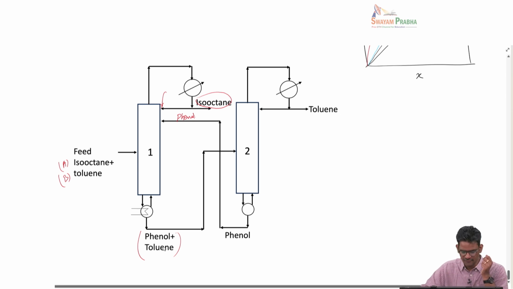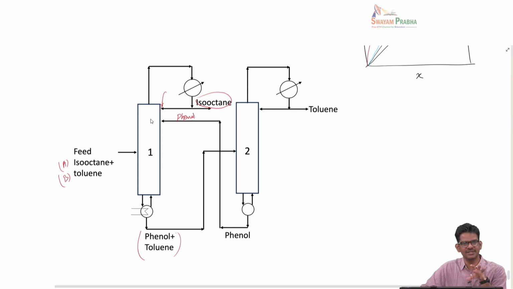Among phenol and toluene, toluene is more volatile and phenol is less volatile. So, toluene is taken out as a distillate product nearly in pure form. It may have little amount of phenol and little amount of isooctane though, whereas the bottom product here will be rich in phenol, and this phenol is what is recycled to the first column as a solvent.